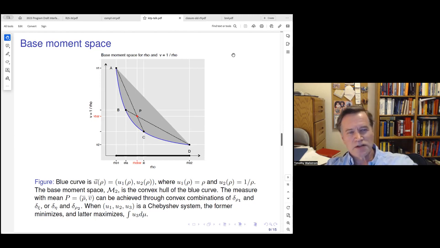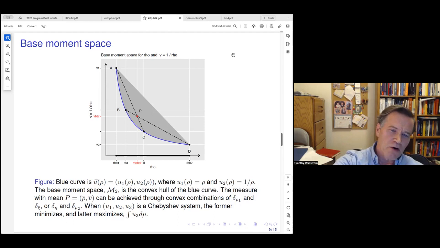This blue line is the moments you would get if you just took point measures at every point between rho 1 and rho 2. And what Carathéodory pointed out was that the whole space of possible moments for both of these is this shaded region. It's the convex hull of this blue line, and that's a general result.